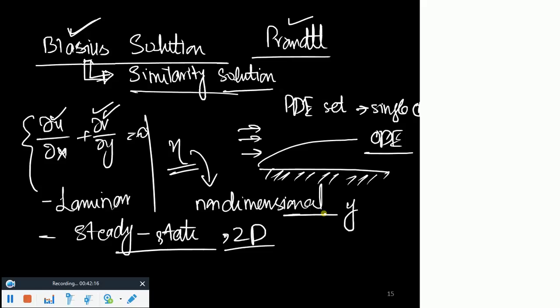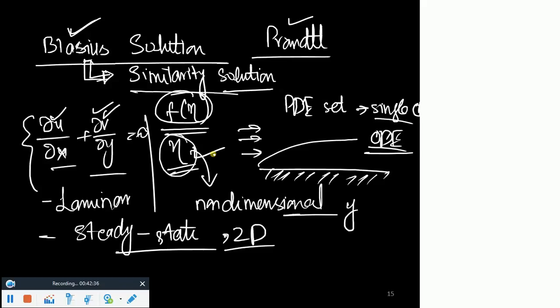I am just giving you the physical significance of all the parameters which he used. And then he came up with a function of eta as well. So in his ordinary differential equation, this was the dependent variable and this was the independent variable. Instead of x and y, he chose eta only, and instead of having u and v as the dependent variable, he has some function of eta. Now what is that function of eta? That is just about mathematics.